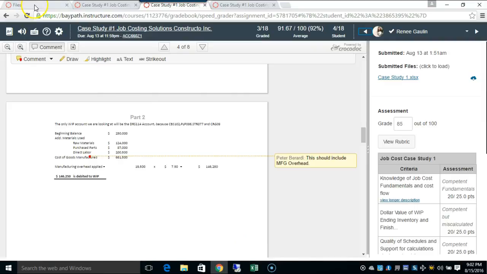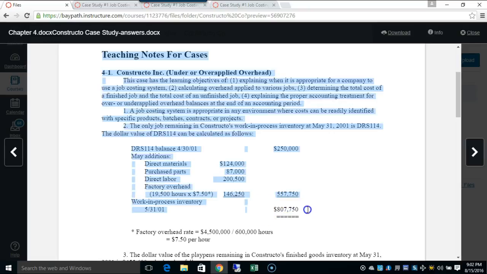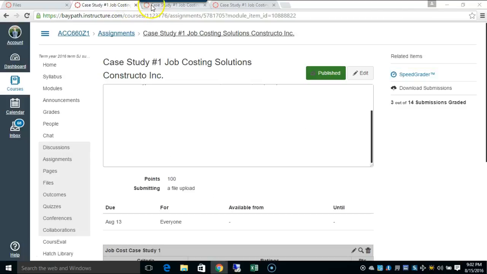So as you can see in this schedule, the factory overhead is added to your direct materials, purchase parts, and direct labor to get to a work in process inventory of $807,750.